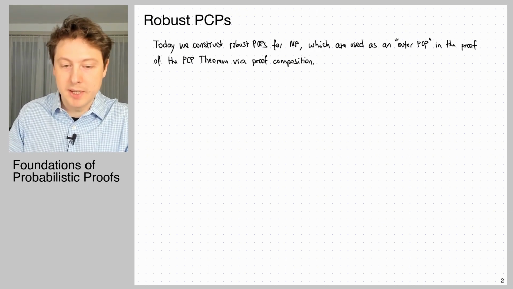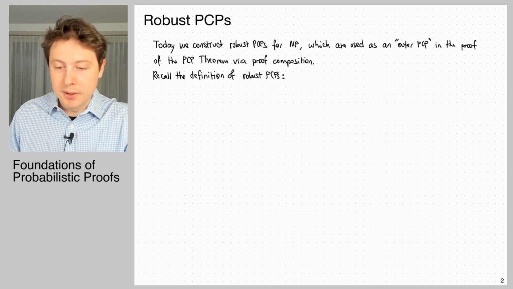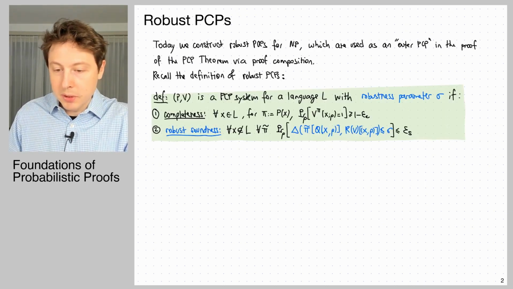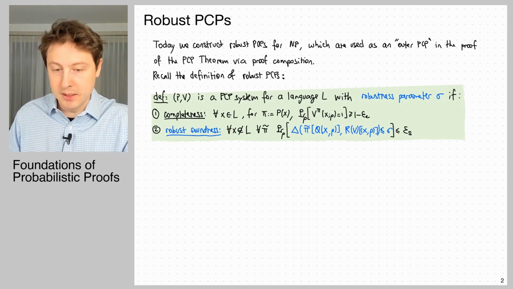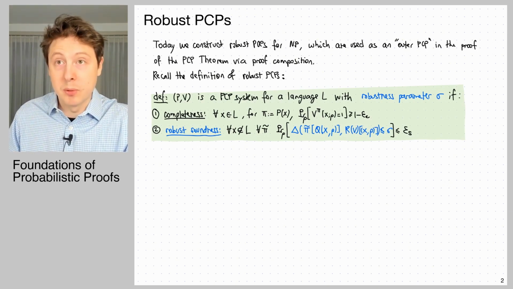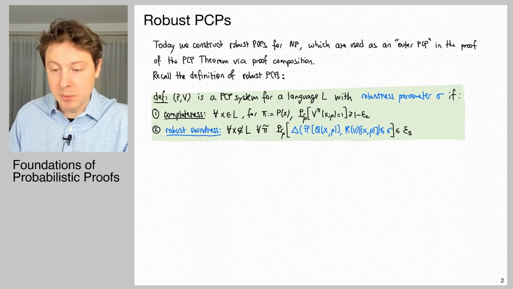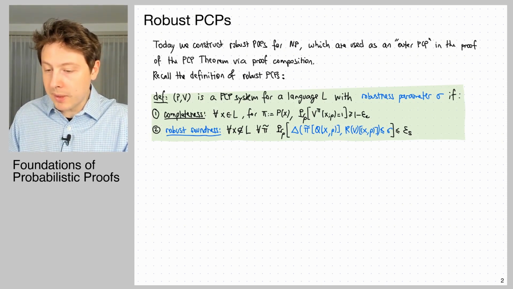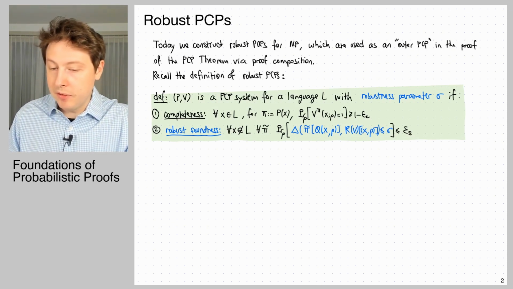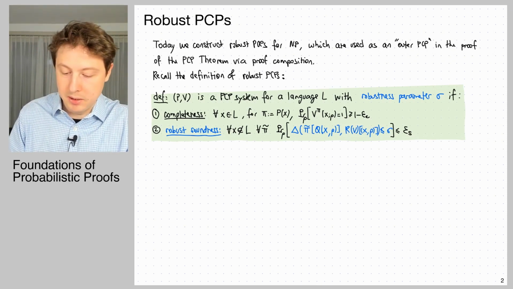Okay, so this is just what I said. Let's recall the definition from last time. We say that a PCP system for a language L has robustness parameter sigma if certain properties hold.